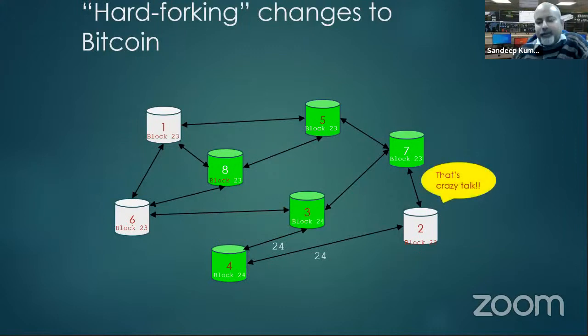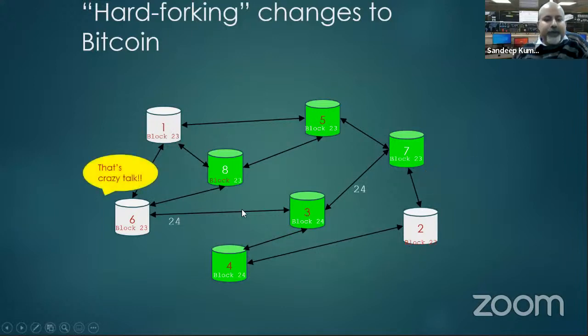The old nodes, the ones that did not change their software, will say, this is crazy, this is oversized, I'm going to reject this block. Same will happen with this node. It has not changed its software, so it will not recognize a 4 megabyte block.